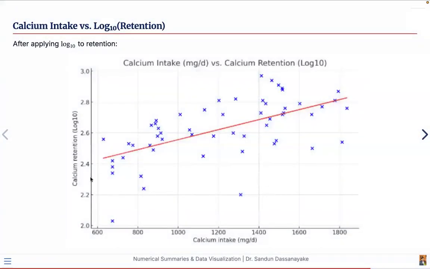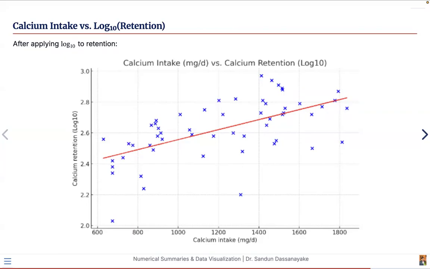I don't want to discuss these transformations in detail here, but when you do a transformation, sometimes they reveal more details, or the data can be modeled with more certainty. So remember that numerical data, when you collect them, have to be treated with scrutiny.